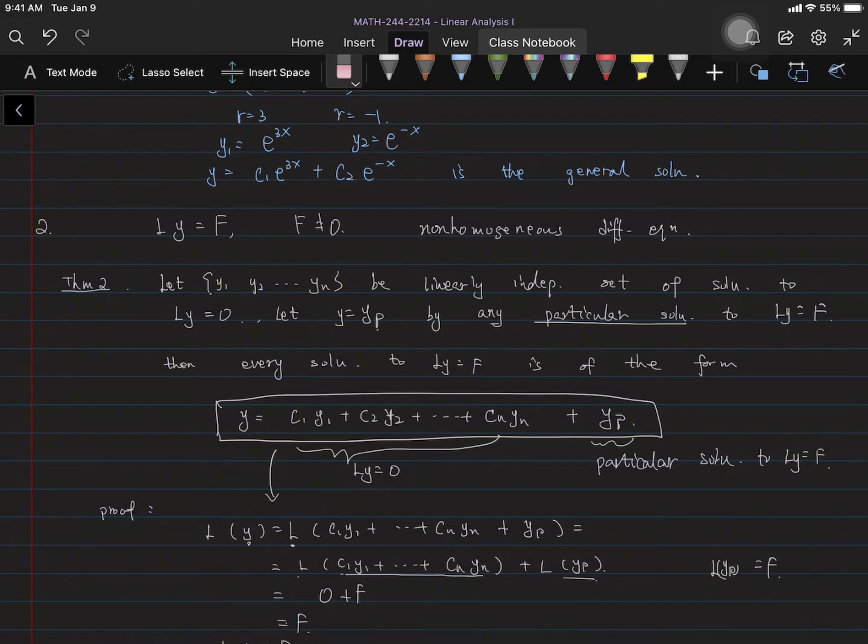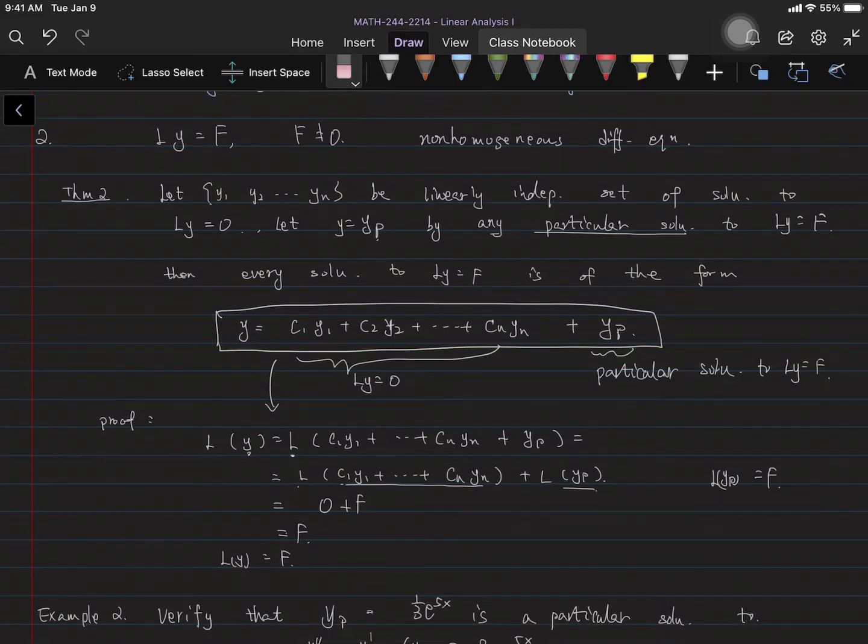Let y1, y2, up to yn be the linearly independent solution set to the homogeneous differential equation, and yp is a particular solution, then what's the general solution for this non-homogeneous equation?